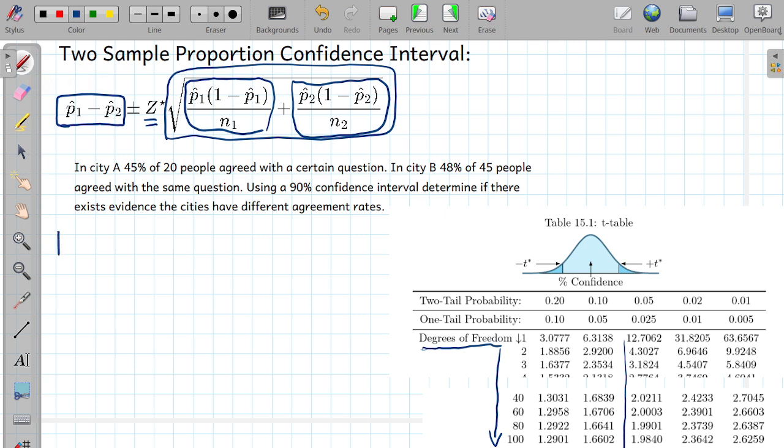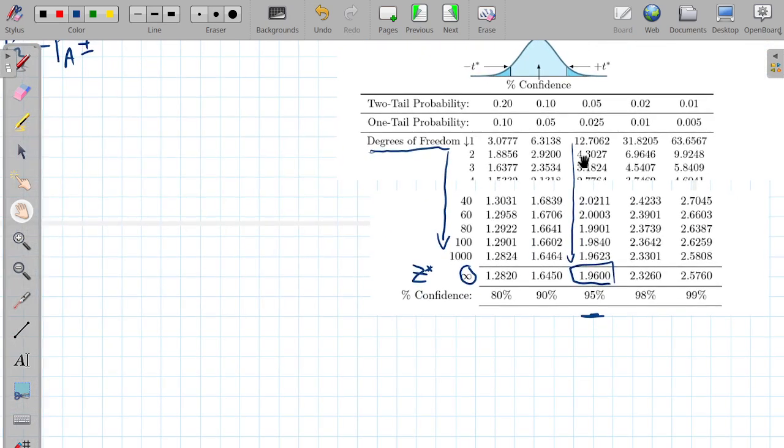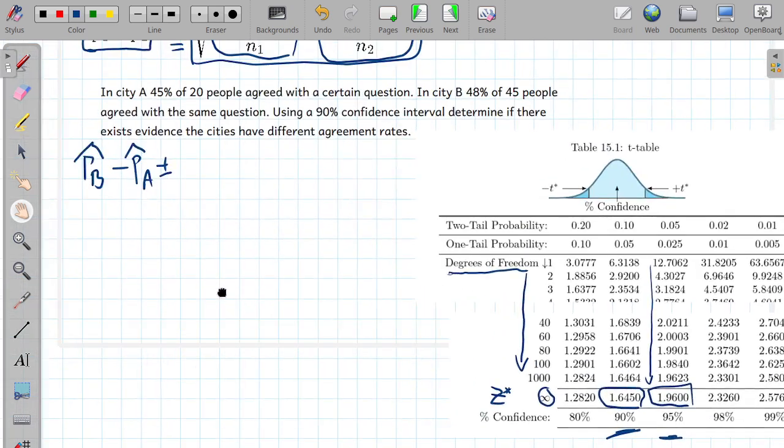So we're going to go P hat of City B minus P hat of City A. Now, 90% confidence. Let's take a look at that number. We need a critical value for that. So here's the 90% right here. And since this is proportions, we're going to use 1.645. That's our multiplier.